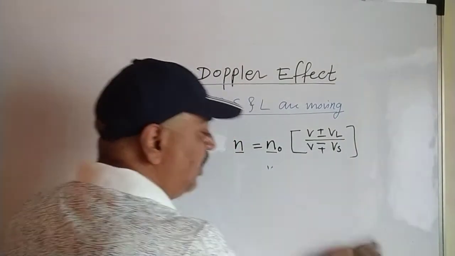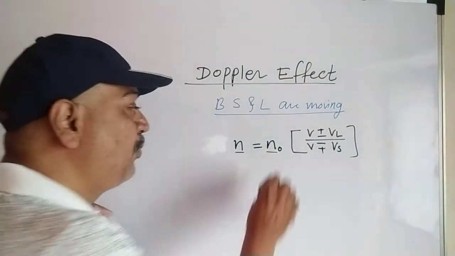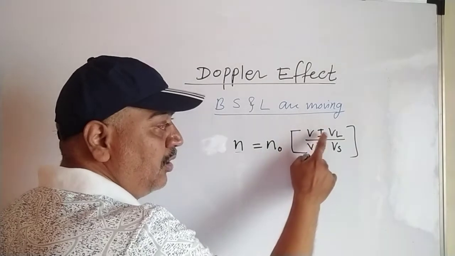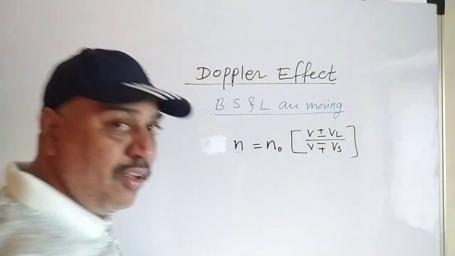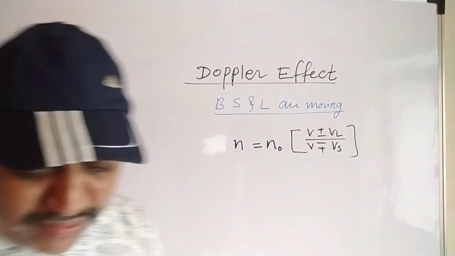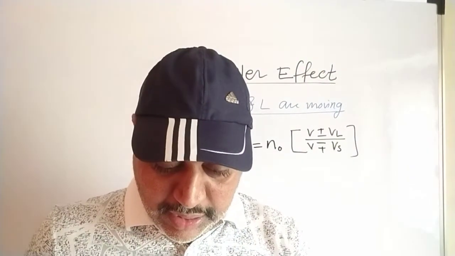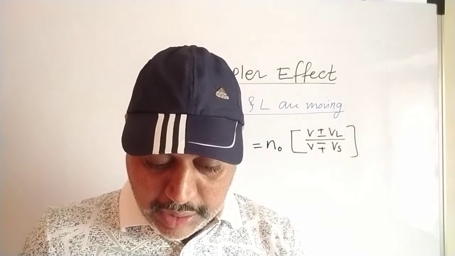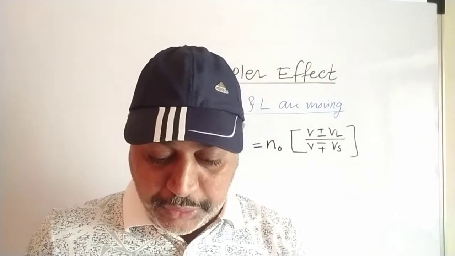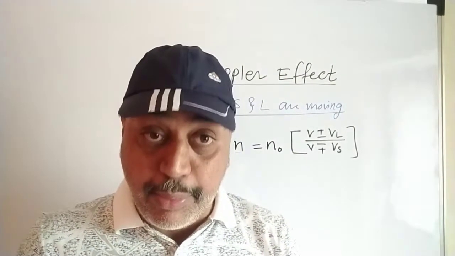Now if you see in this formula, there are two signs on the right hand side: plus, minus and minus, plus. What is the meaning of this? Below this they have noted that upper signs are chosen during relative approach.